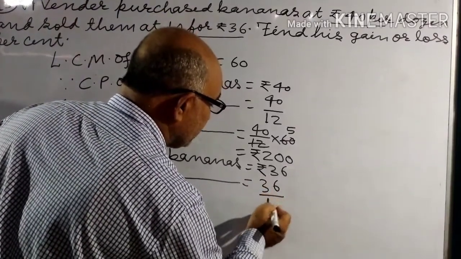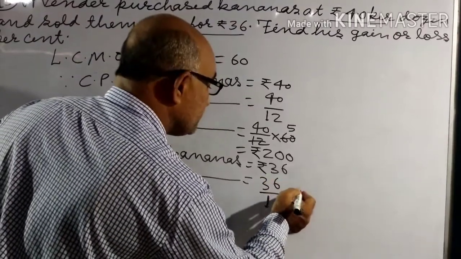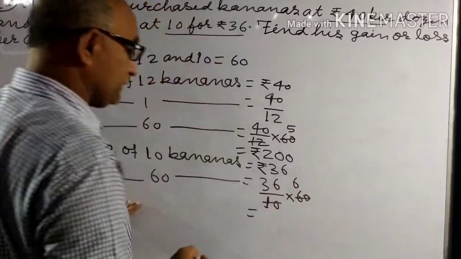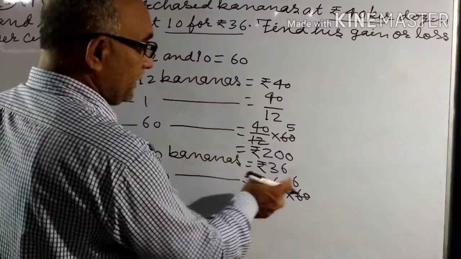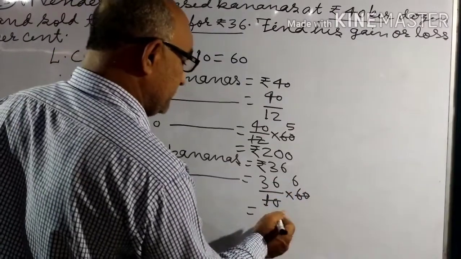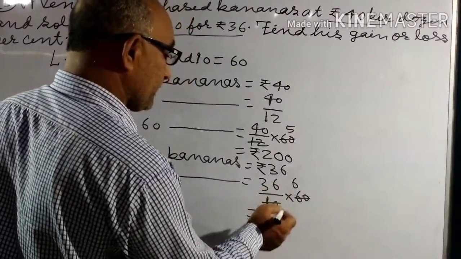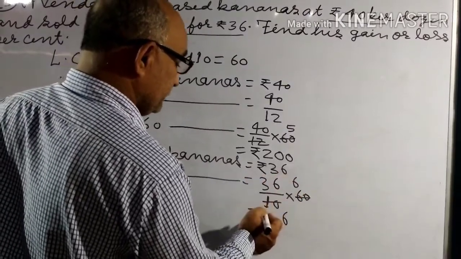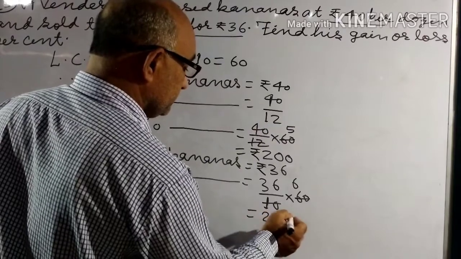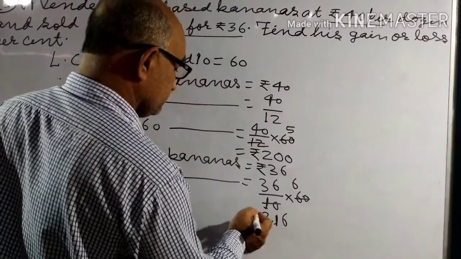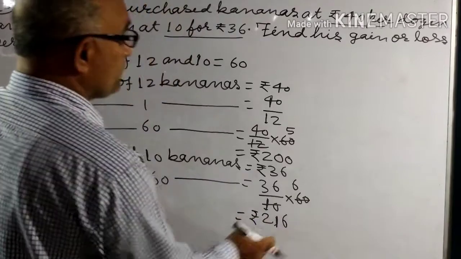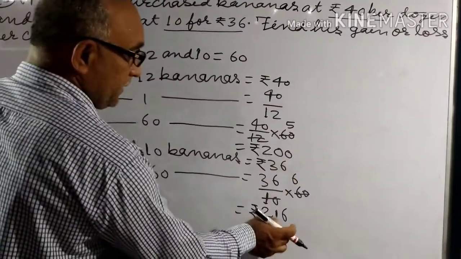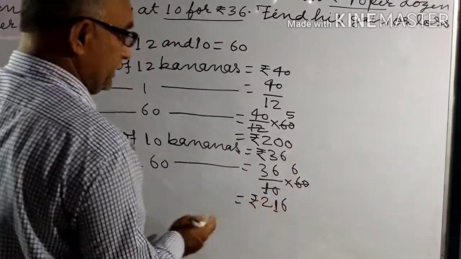So SP of 60 bananas is 36 by 10 into 60. 10 sixes are 60, so 36 into 6. 6 sixes are 36, carry 3. 6 threes are 18 and 3 is 21. Rupees 216.